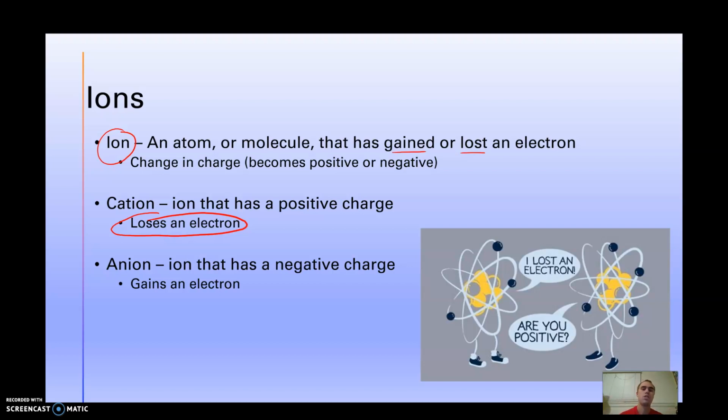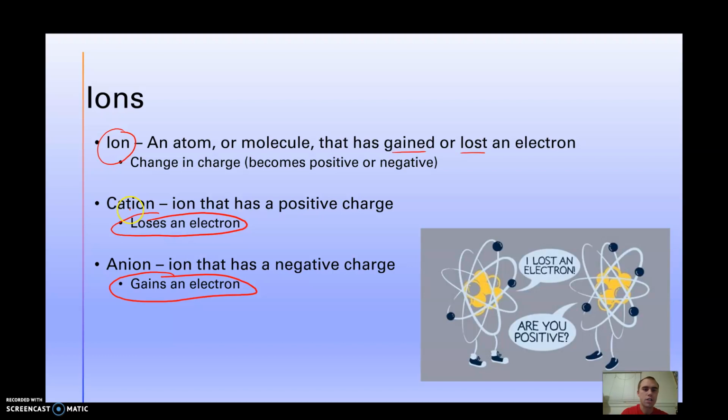Anions are the opposite. They're going to take the electrons, and so they're going to gain more negative particles. So they're gaining an electron, and therefore it imparts a negative charge on that ion or compound. You need to be able to remember these cations and anions, and there's a really simple way to do so.